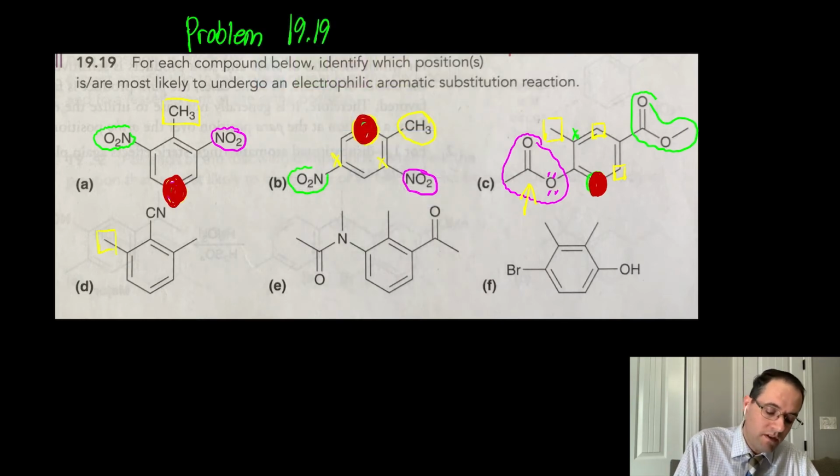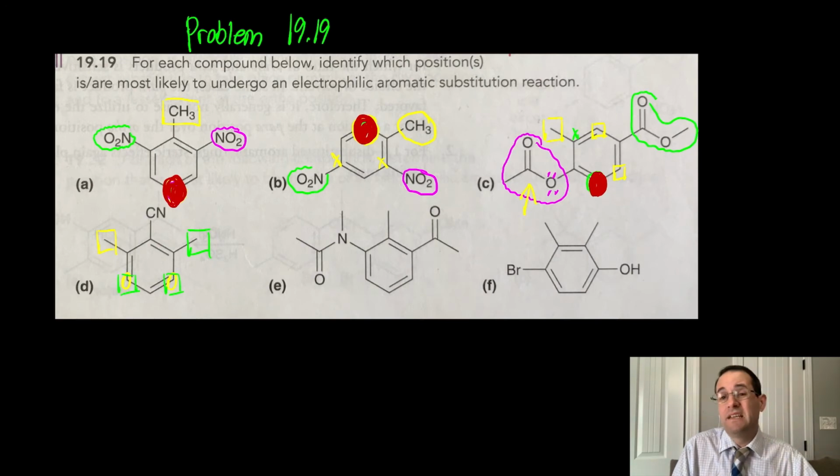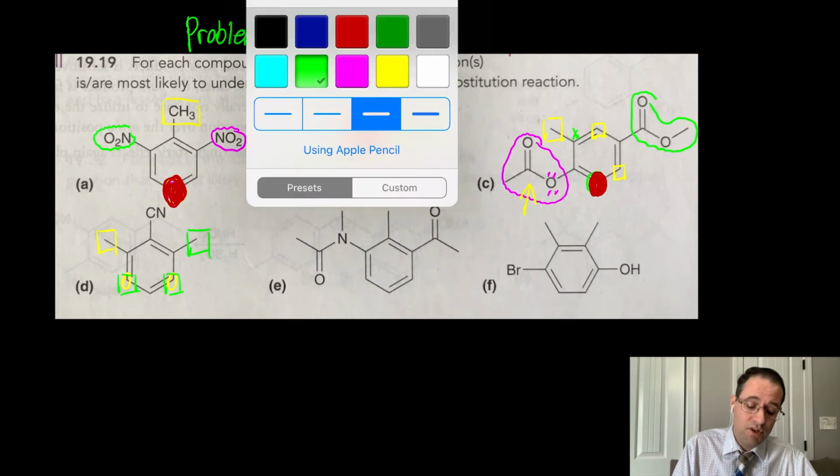Let's look at this next example here. Let's use yellow for this methyl group. This methyl group is an ortho para director. Let's use green for this methyl group. This guy here is an ortho-para director. So those are two director groups, and they're both directing at the same location.